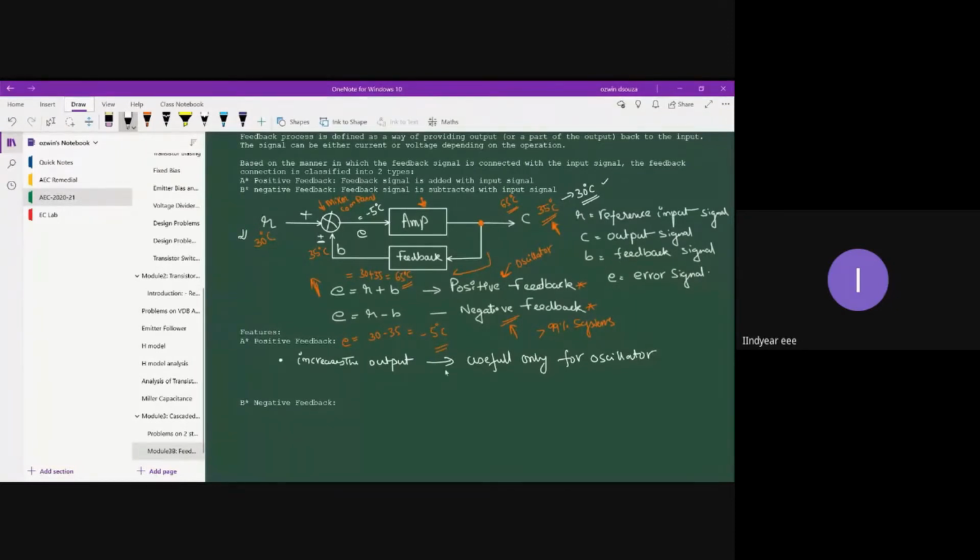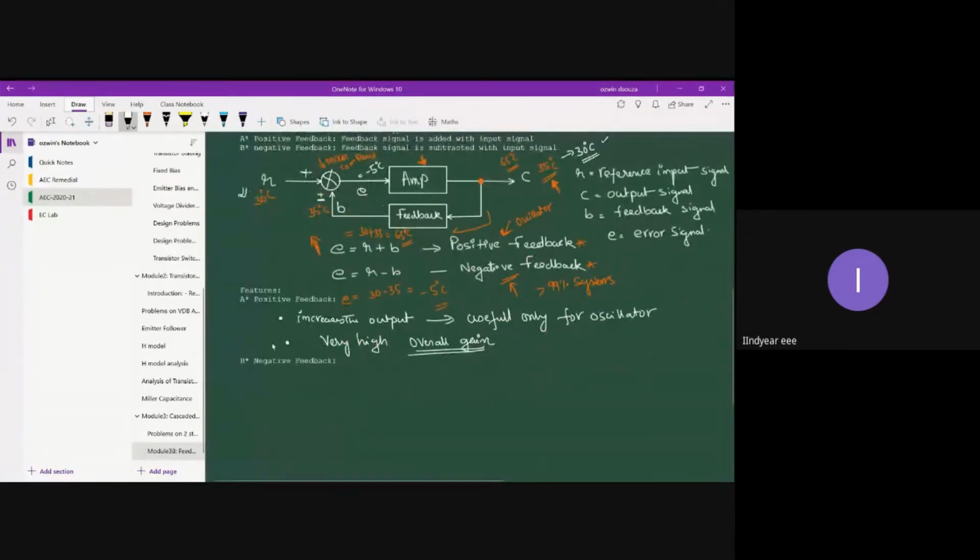That's the only usefulness, and that is possible due to very high overall gain. So that's the feature of positive feedback: it gives very high overall gain.